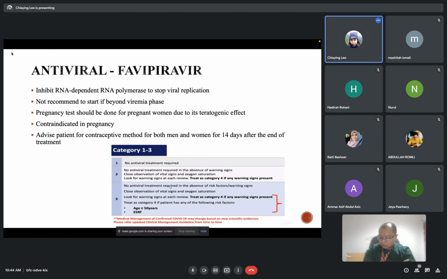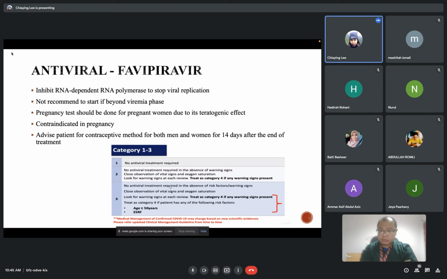Okay. Antiviral for COVID. In our hospital, we didn't practice this, but I'll just go through the slides. Okay. Antiviral used in COVID-19 is favipiravir. It works by inhibiting the RNA-dependent RNA polymerase to stop the replication.